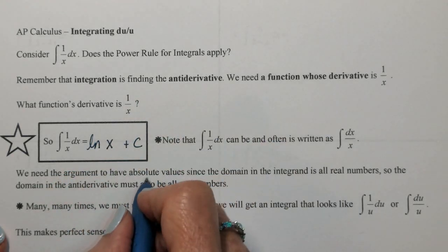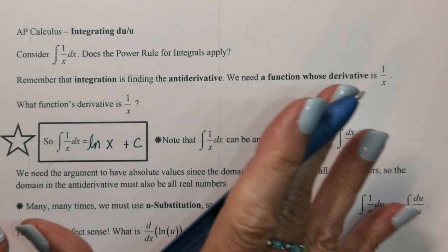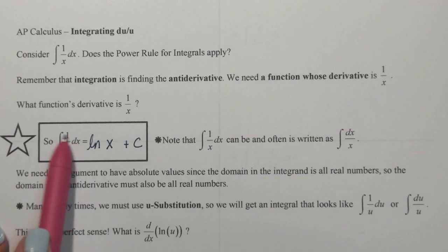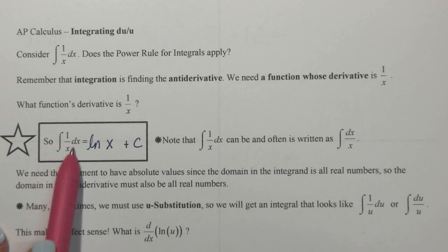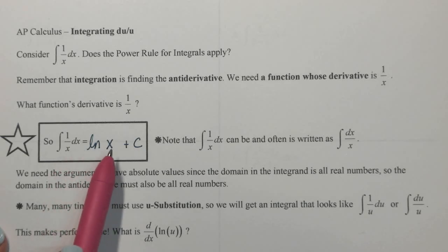However, we don't usually talk about domain in calculus, but it is always in the background. The domain of this expression that we are starting with is all real numbers except 0, right? What's the domain of our answer?